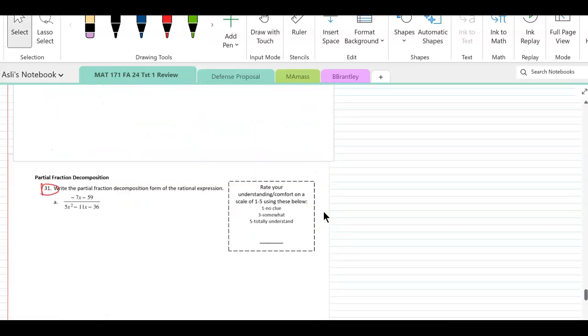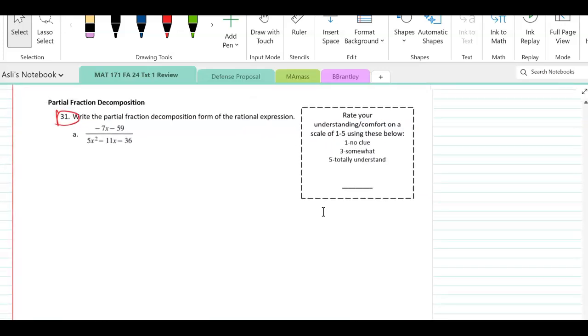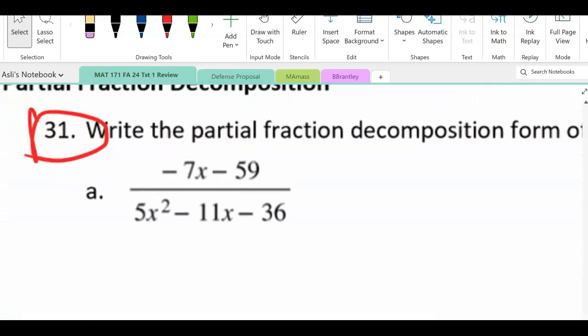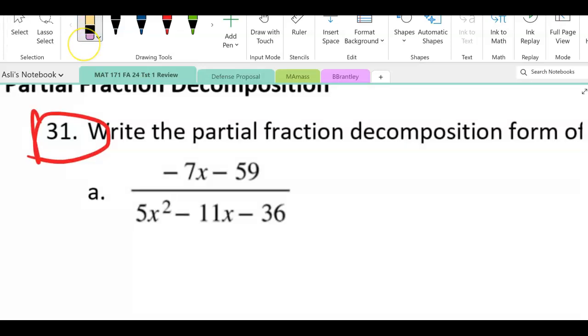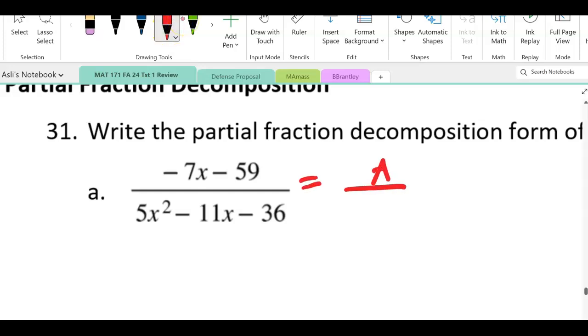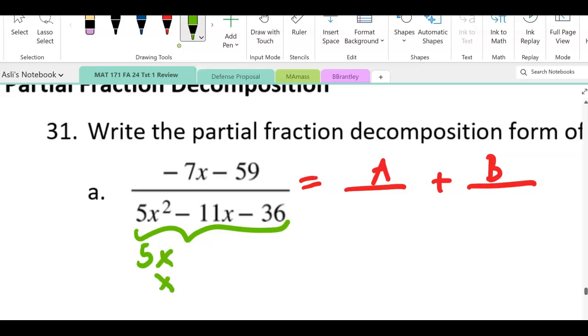All right, so let's see. Okay, partial fraction decomposition. I know many people have difficulties with that. It's understandable. All right, first, look at the denominator and start by factoring. So what we're trying to get here, if we partition it into a plus b over something, what will be a, what will be b? So starting from here, if you factor that, that will be 5x and x, +9, -4.